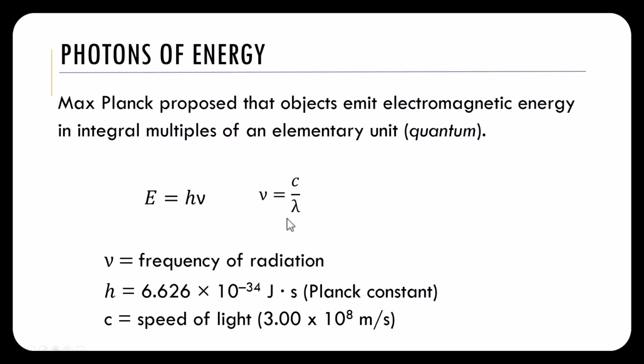So by doing a simple variable replacement, replacing frequency with these two variables, we get the following formula. The energy associated with these little packets of light can be calculated using Planck's constant, speed of light, both given, and then wavelength, which is something we can measure.